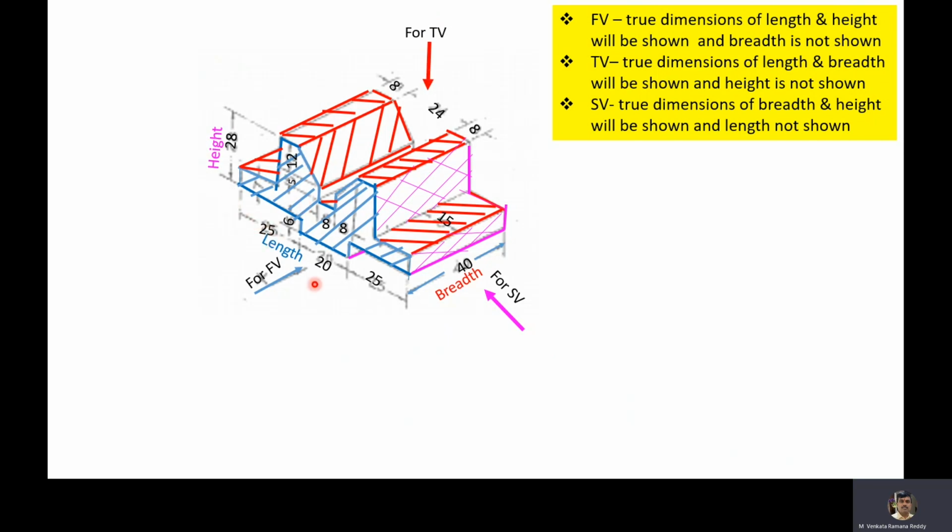In the case of front view, we will see the two dimensions of length and height, whereas breadth will not be shown in the front view. And in the case of top view, we'll see two dimensions of length and breadth, whereas height will not be shown in the top view. And in the side view, we're able to see the two dimensions of height as well as breadth, whereas length will not be shown in the side view.